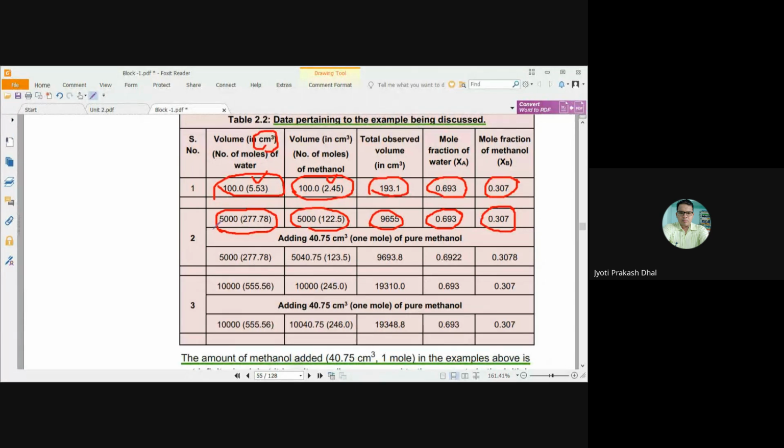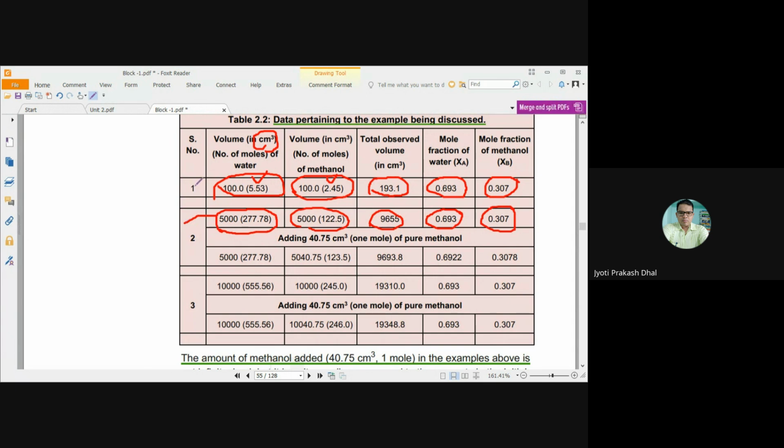So in the second case we have taken 5 liter, that means 5000 ml of water, and added 5000 ml of methanol, then the observed volume will become 9655 ml, and the mole fraction of water, that is XA or chi A, is 0.693, and mole fraction of methanol, that is chi B, is 0.307.